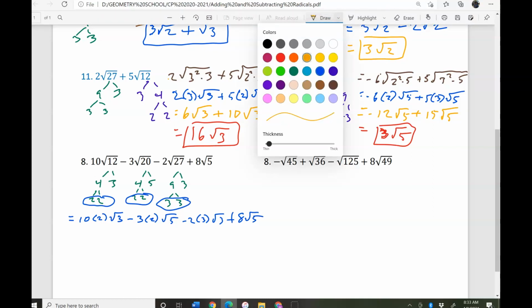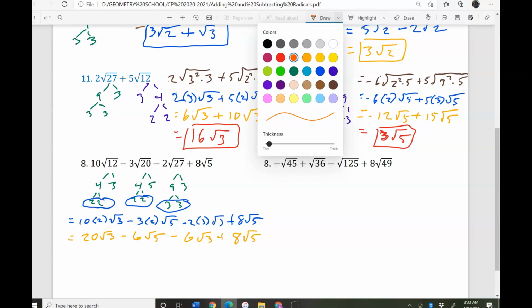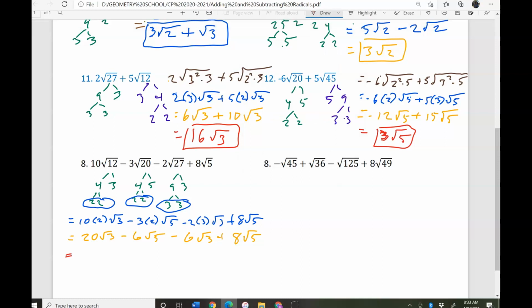So I'm going to simplify. So this becomes 20 square root of 3, minus 6 square root of 5, minus 6 square root of 3, plus 8 square root of 5. Combine like terms. So this becomes 14 square root of 3, plus 2 square root of 5.